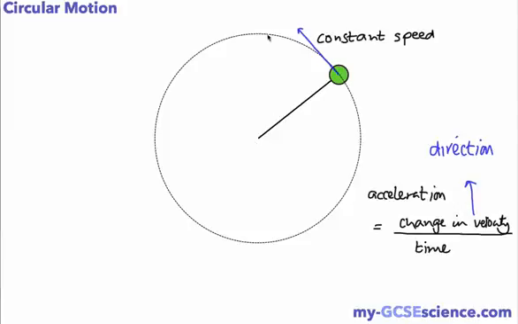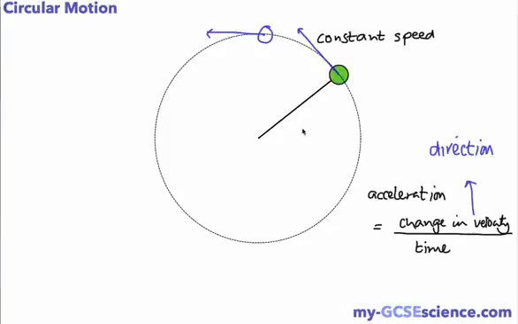But if you had a look a little bit later on, when the ball moves around the circle a bit, the direction changes, it's actually moving in that direction there. And because that direction is constantly changing, the velocity is constantly changing, and if the velocity is constantly changing, we have acceleration, even though the object is moving at a constant speed.